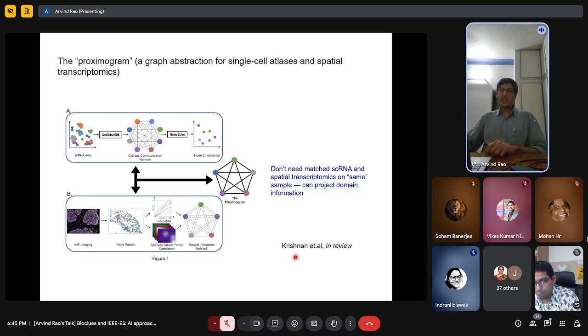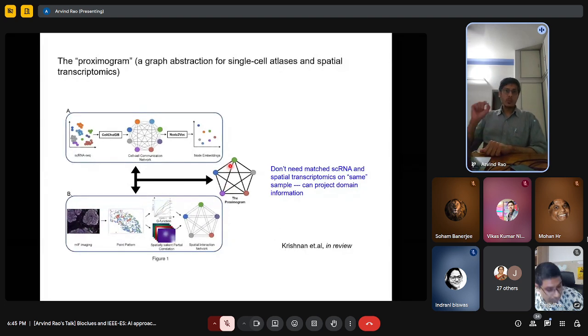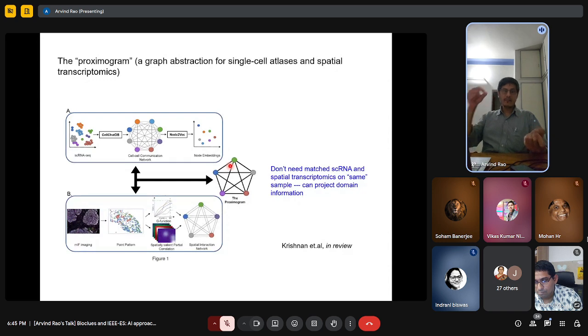So we created this kind of a graph, which we call the proximogram. And the proximogram does something very simple. Every node of this graph is one cell type, and the node can have values that come from the single cell data, which indicate the identity of that cell type.